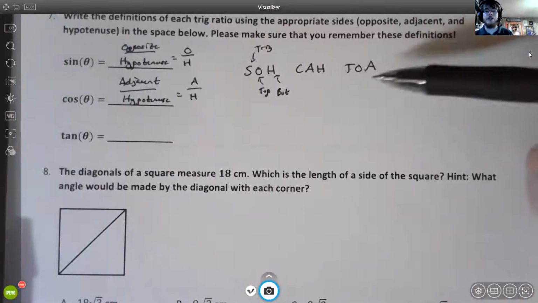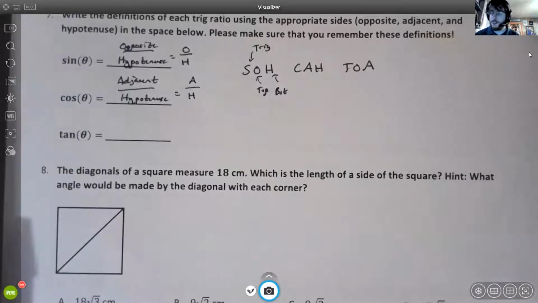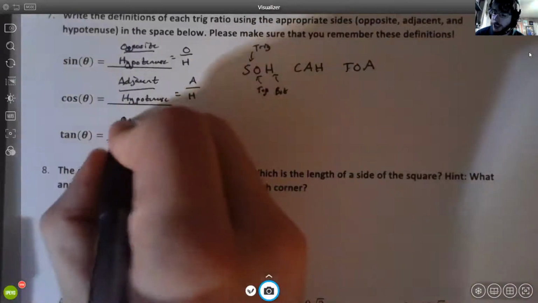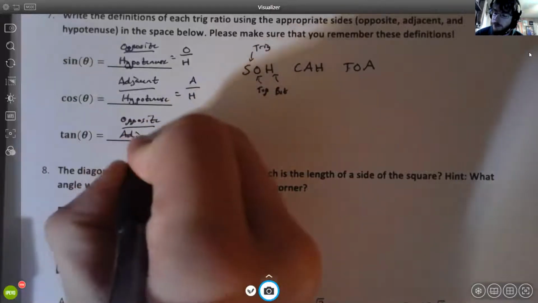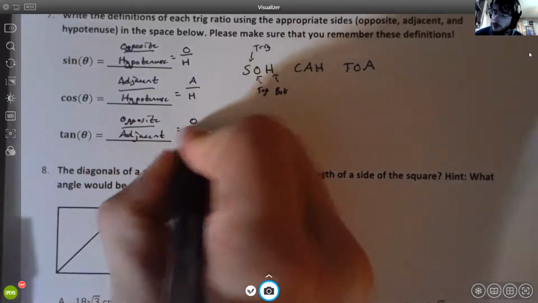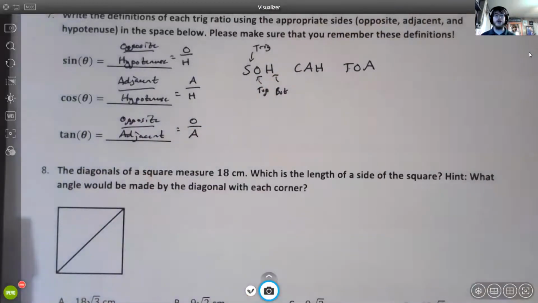Tangent is T O over A. So opposite over adjacent. Okay. So those 3 trig ratios are very important, especially if you plan on using trig for any of these problems. Because when we go and label these things, we need to make sure that we understand what we're doing with these.